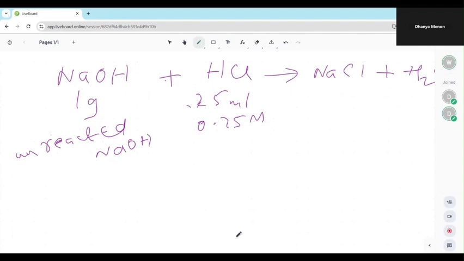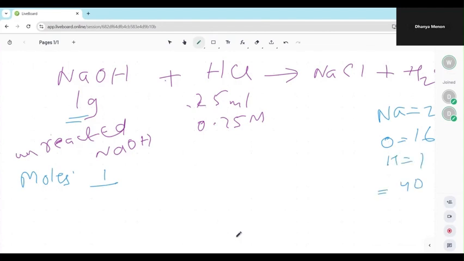In order to find the limiting reagent, what is the first step that we do? Our first step is to find the number of moles, right? Here the mass of NaOH is given. Sodium is 23, oxygen is 16, hydrogen is 1, so sodium hydroxide comes to 40. 1 over 40 comes to 0.025. This is our number of moles.